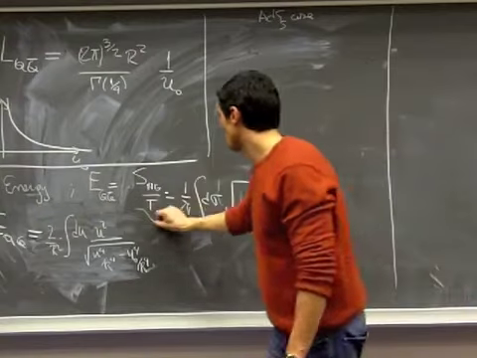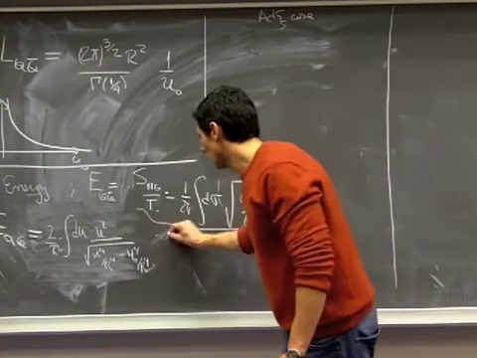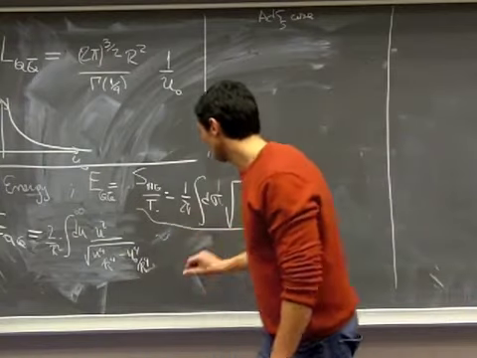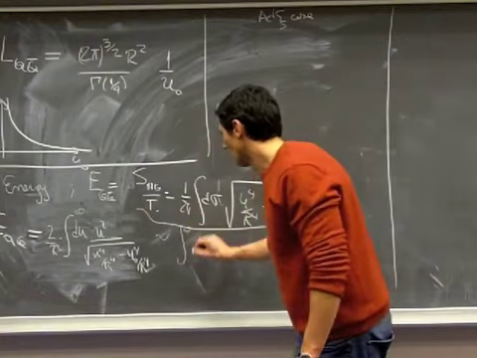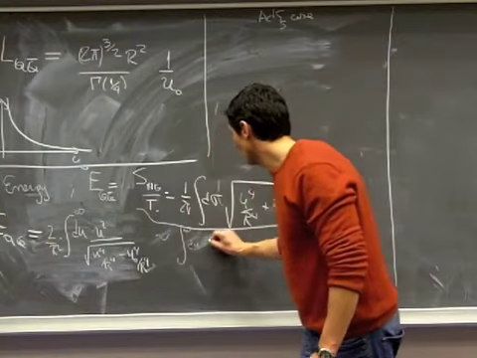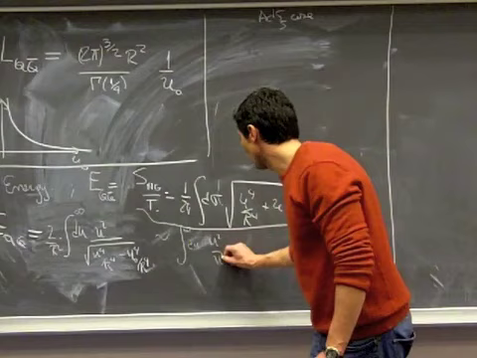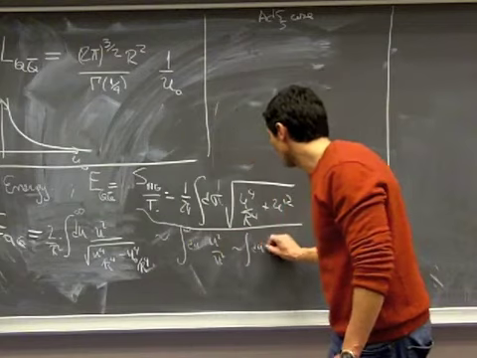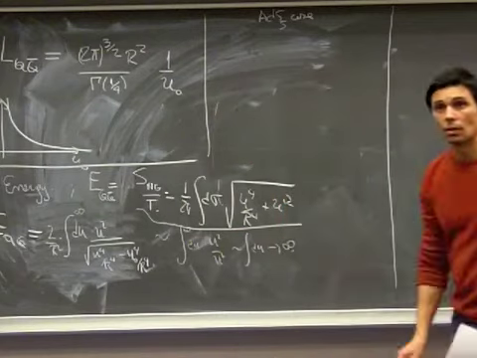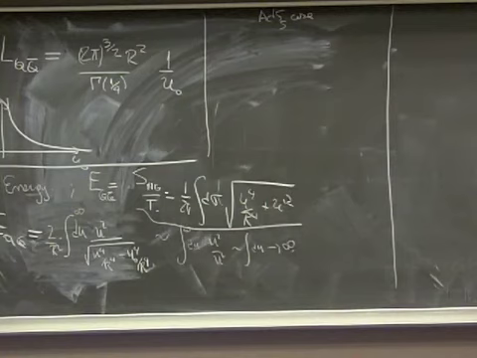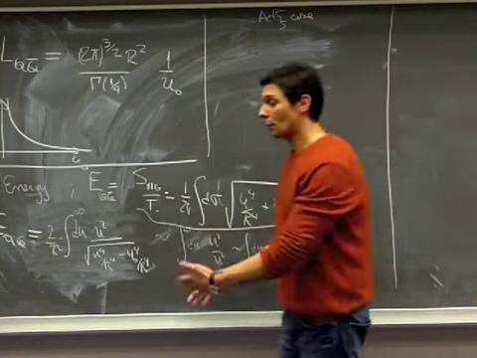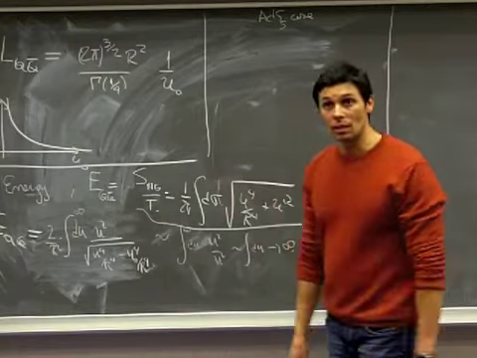So if you look at this integral, you will see that for large values of u, the integral goes like du, u squared over u squared, so it goes like the integral of du, so it diverges. So naively, this is telling you that the energy for the quark and anti-quark pair is infinite, right?